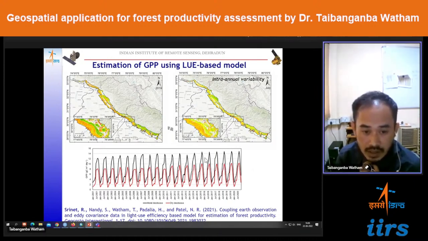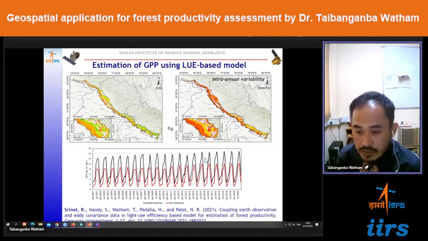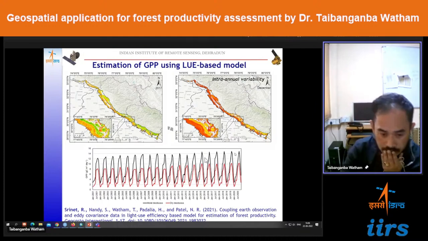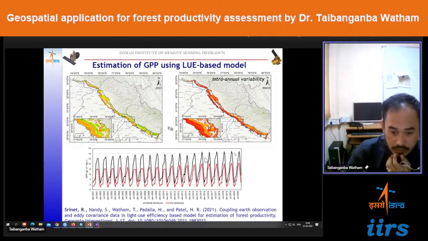You can see how it changes from year to year, and within the year, from month to month. There is a slight increase in some cases, with a slight drop in between, but in general you can see a slight increase in the GPP for this forest area. So this is what you can do with Google Earth Engine also.